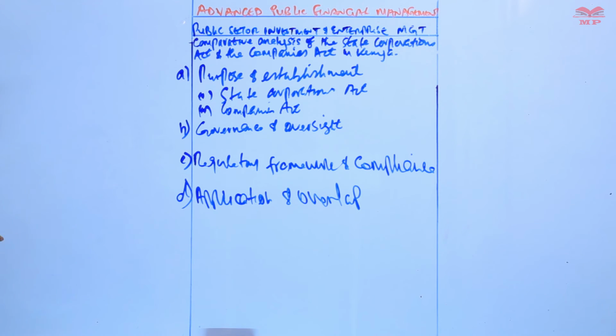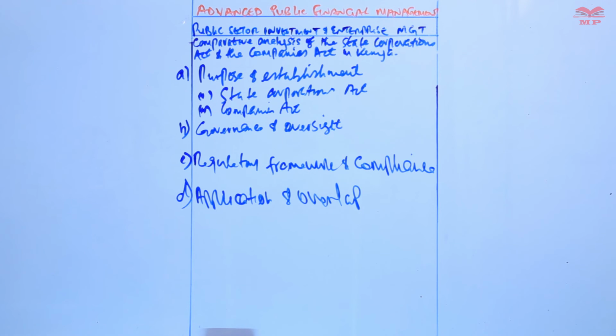You understand? The State Corporations Act, I repeat, applies specifically to entities defined as state corporations, regardless of whether they are established by a specific act or registered under the Companies Act with government control.